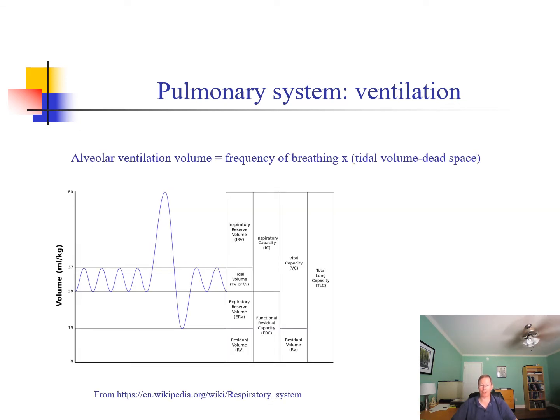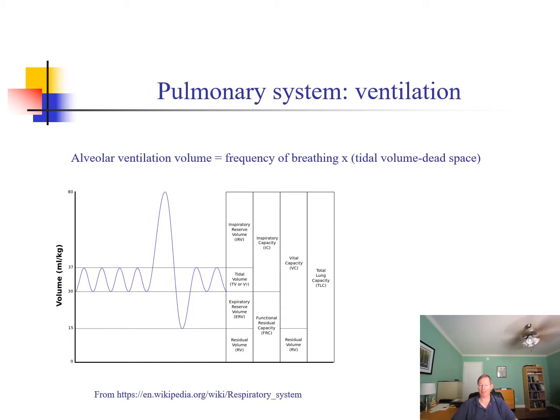Now, when I'm actually ventilating, I'm ventilating by moving air into and out of my lungs. Under normal conditions, when I'm at rest, that is moving air into and out of like this. And that breathing in and out in a relaxed state is given by what we call a tidal volume.